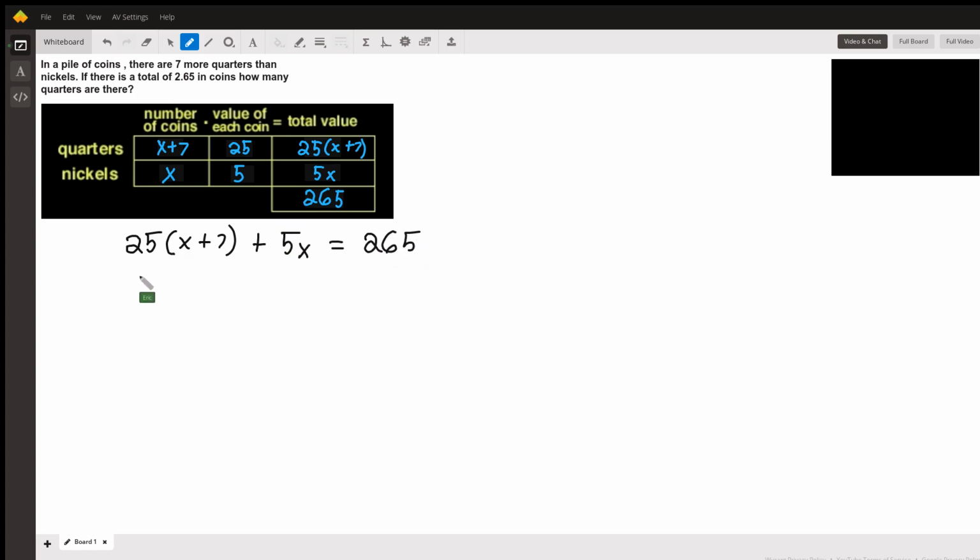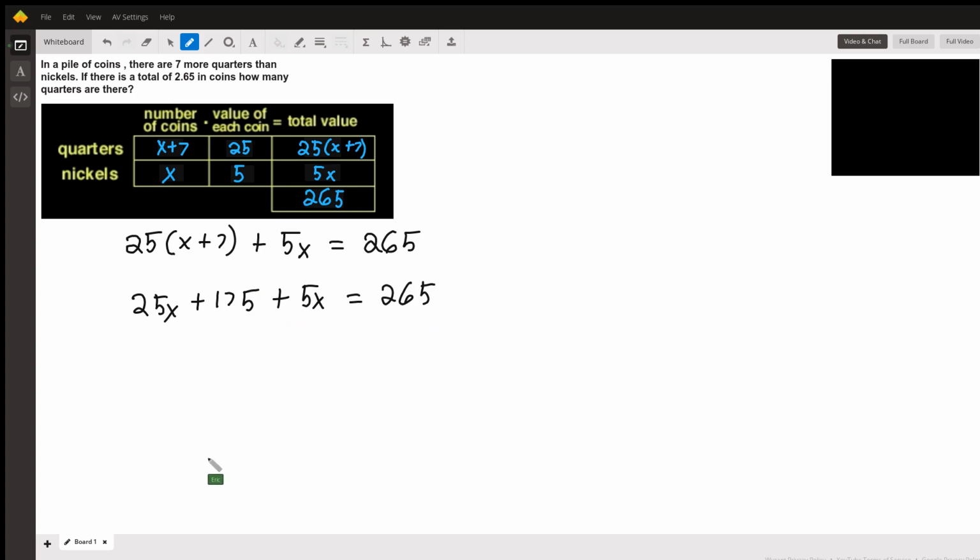265. So we have 25 times x, which is 25x. We have 25 times 7, which is 25 times 4 is 100, so that's going to be 175. And then we have plus 5x equals 265.